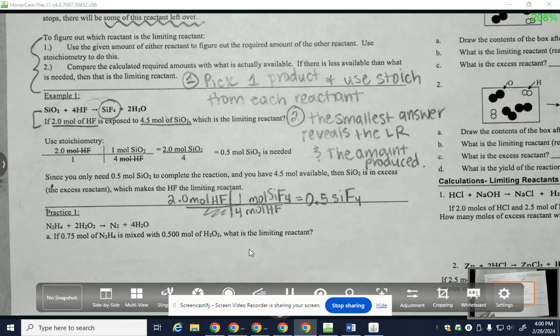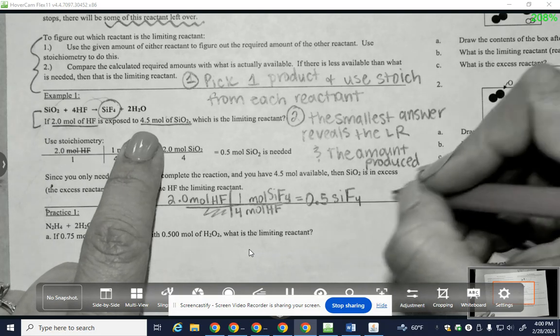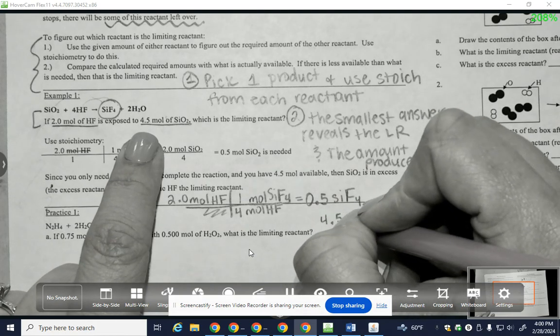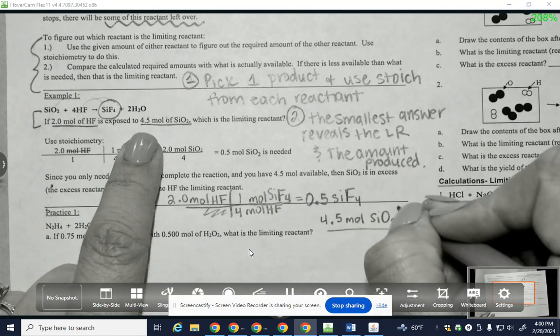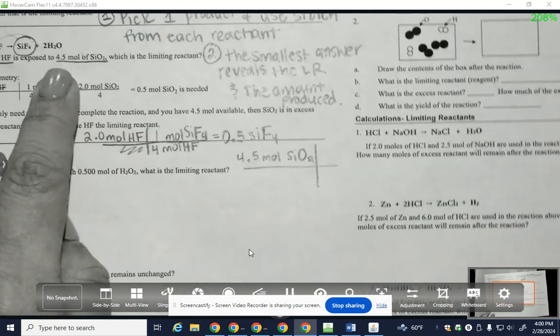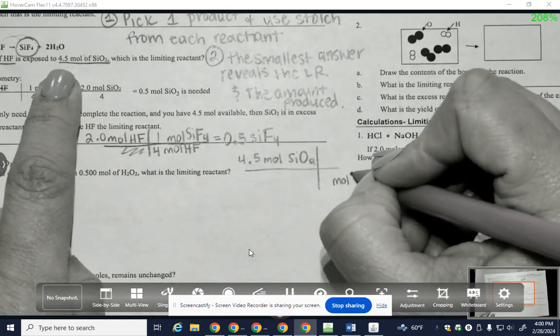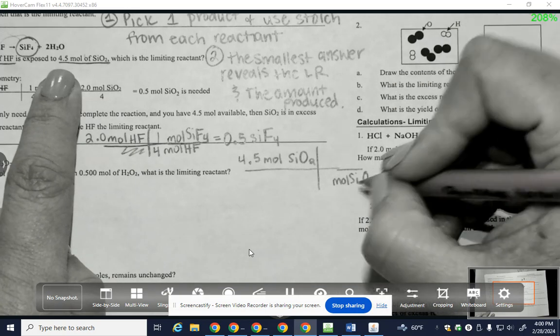So we tried it out. Now we're going to look at the other guy. We have 4.5 moles of SiO2. I don't think I can write and talk at the same time, sorry.